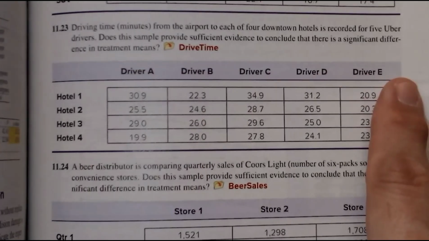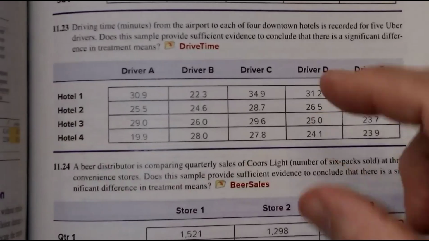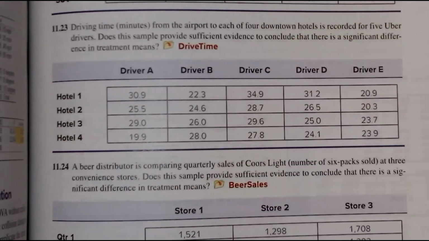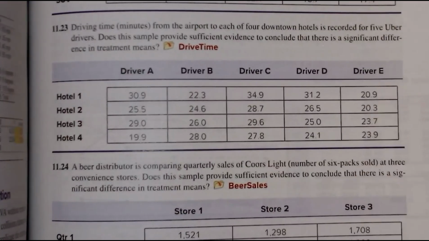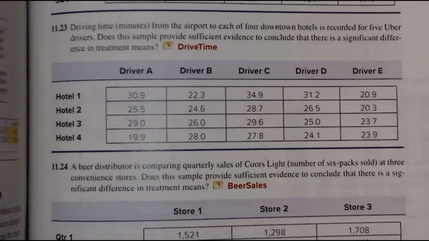Because that's my column effect, and my rows are the blocks. So I would take these drivers' times randomly, quote unquote, not caring which hotel they were going to, right? I don't care about the hotels as much as I care about which driver it is. Let's see if the driver has an effect. Let's see if the hotel has an effect. Let's see if neither of them have an effect.